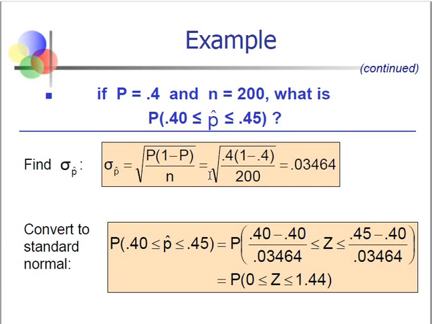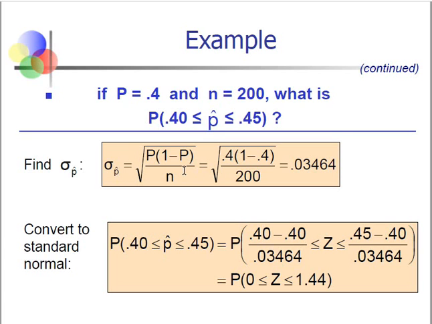If they're normally distributed, we can now use the normal table. We first find the Z value. To find the Z value, we get the sample proportion, subtract the population proportion, and divide by the standard deviation of the sample proportions.